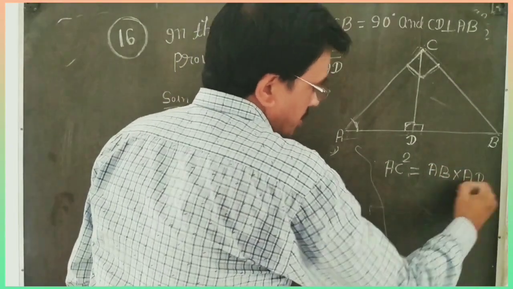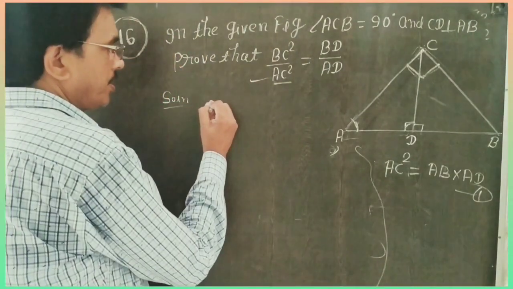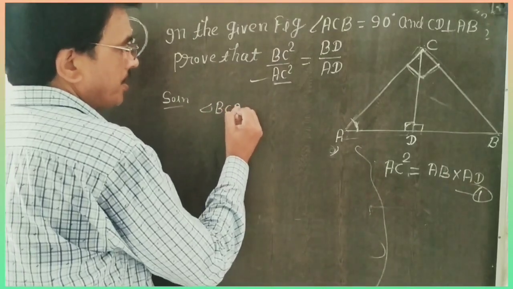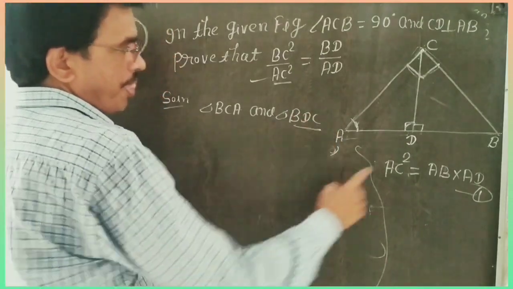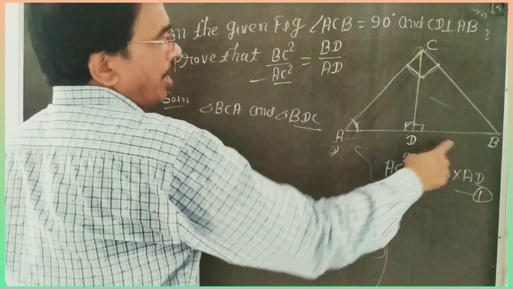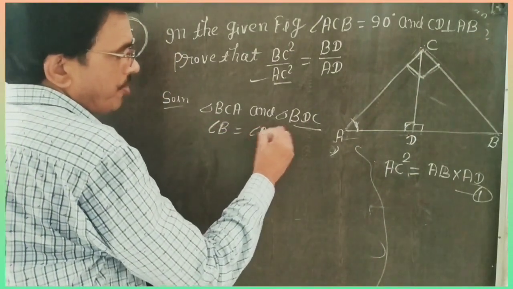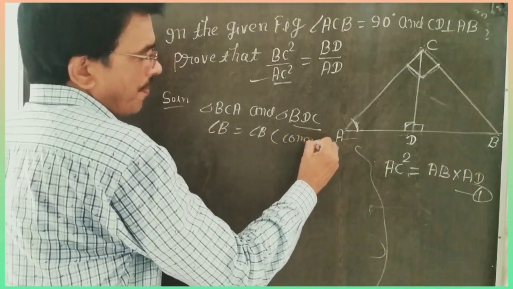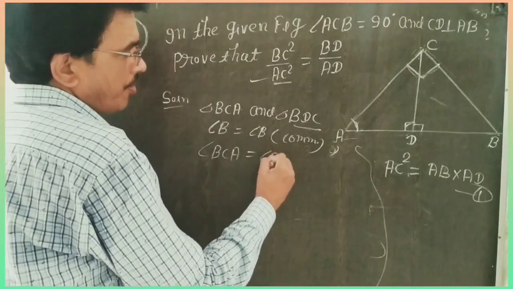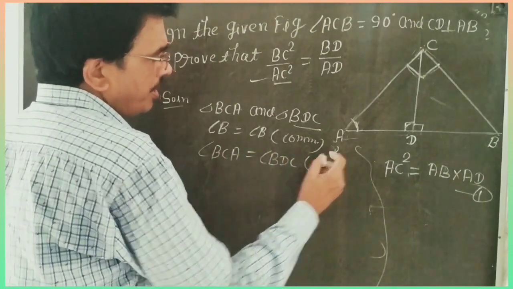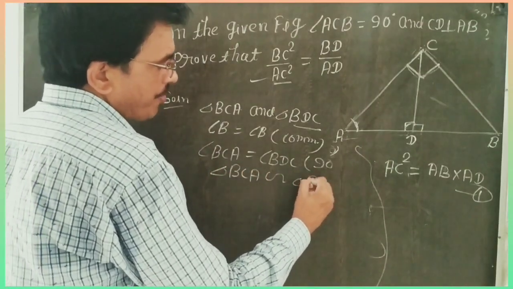Next, similarly, in triangle BCA and triangle BDC, BCA is the large triangle and BDC is the small triangle. Angle B is equal to angle B, common. Next, angle BCA is equal to angle BDC, both are 90. So triangle BCA is similar to triangle BDC.